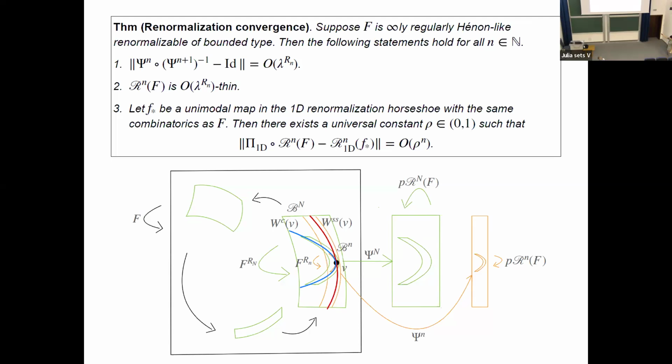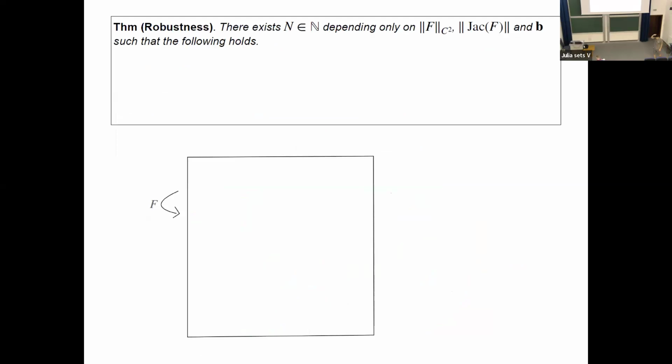Okay, so now the issue is, how do we guarantee this condition that we need in order to get the nice convergence result that we want, this infinite regular Hénon-like renormalizability. So this is addressed in the following two theorems. The first theorem has to do with the regularity and the Hénon-likeness. Like I said, if you have a topological renormalizability of a Hénon-like map, there's no guarantee that what you'll see at the end will be something Hénon-like as well.